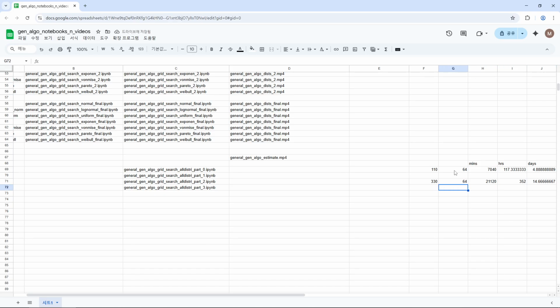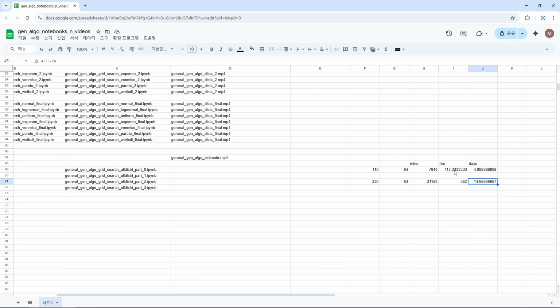However, I have 4 notebooks, so I can divide this by 4. That's about 3.67 days, so 4 days. So at most 4 days if the Colab runtimes don't stop. I hope they don't. I paid like $50 or $60 for this.